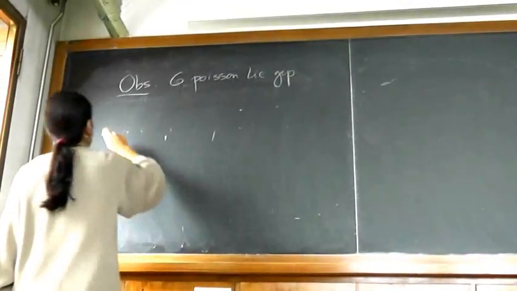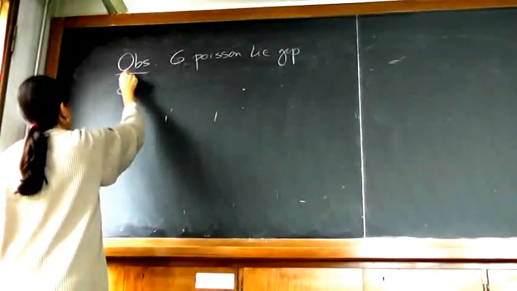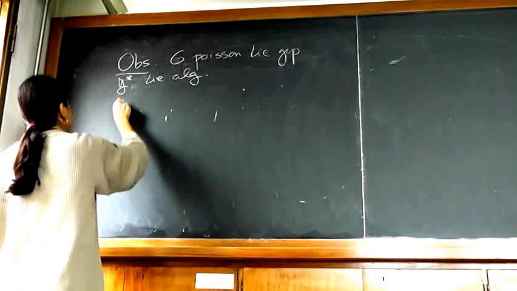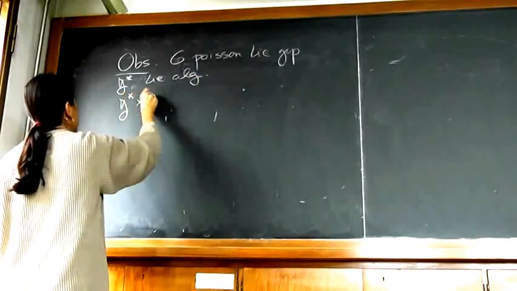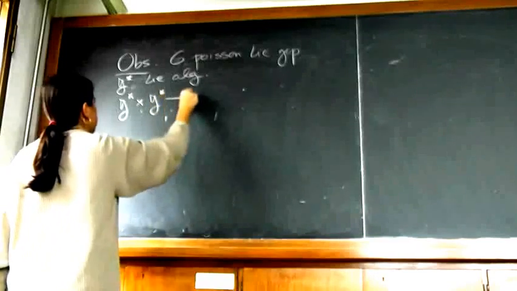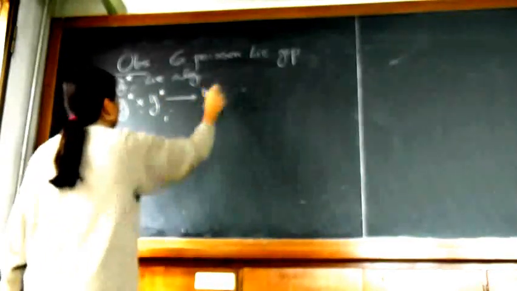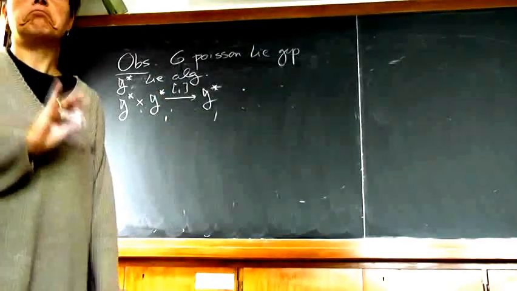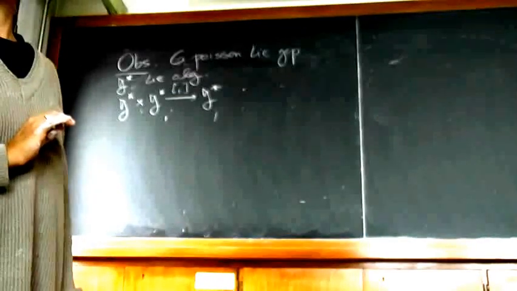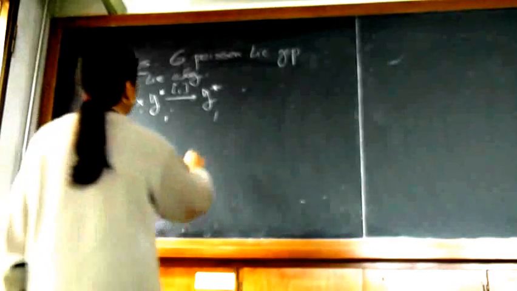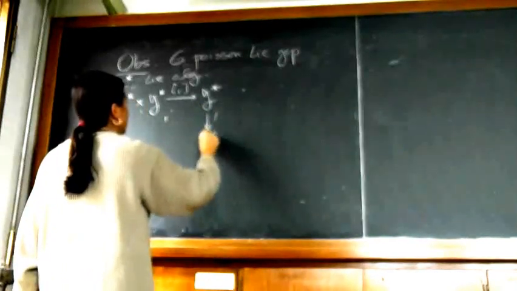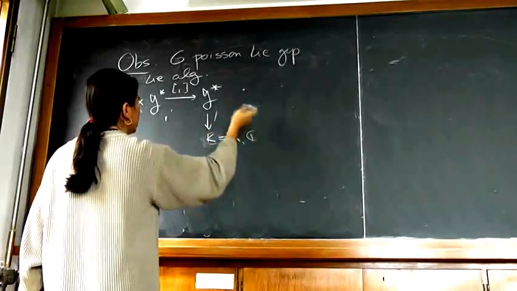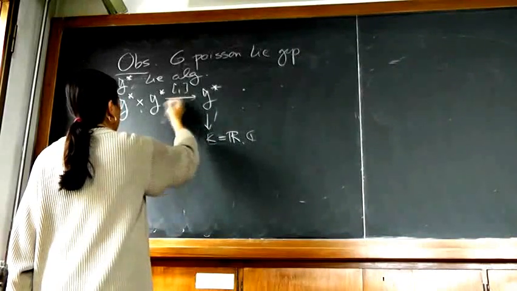So we have that G star is a Lie algebra, we just saw this. So it means that we have this thing, right? This is the bracket. This is what we just saw. Now, let's say our field is real or complex. We will use it both ways, it doesn't matter.